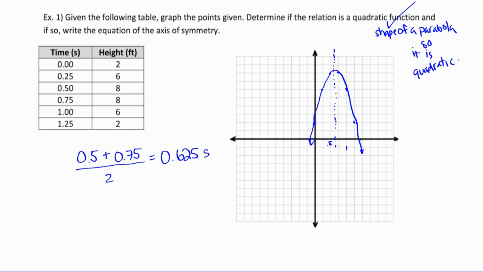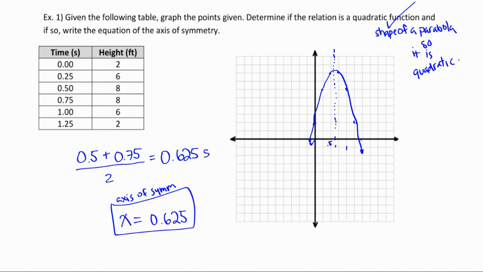Lastly, I need to write the equation of my axis of symmetry. It needs to be in the form of an equation, and it'll be x equals, because vertical lines have the formula x equals, because x will always be the same value along that line. So it's x equals 0.625.